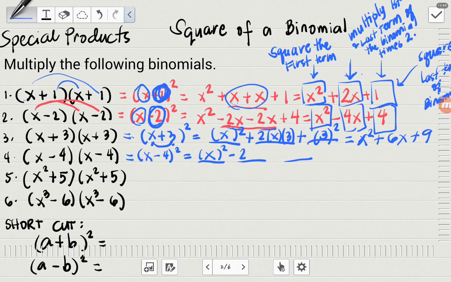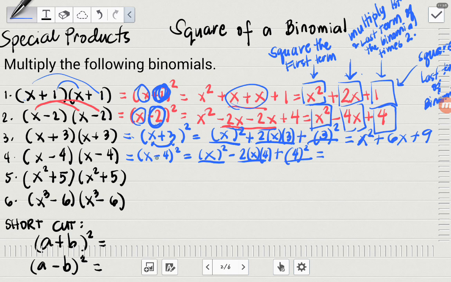So, that is 2 times x times 4 plus square ni last term. So, that is square ni 4. So, lagi nyo lang tandaan na kapag plus ito, plus, plus.